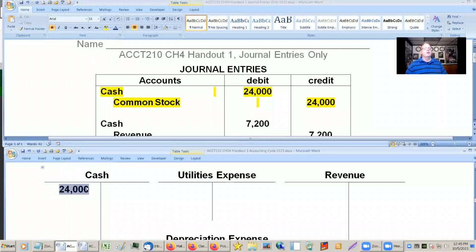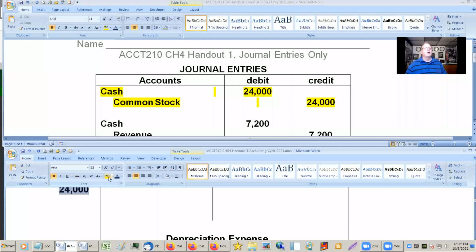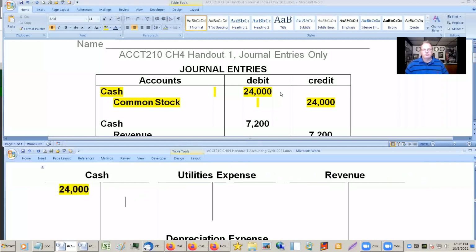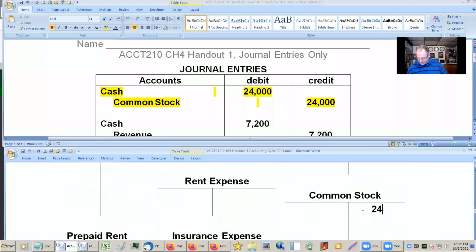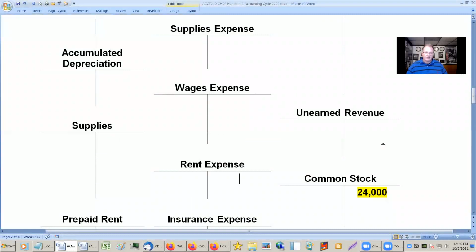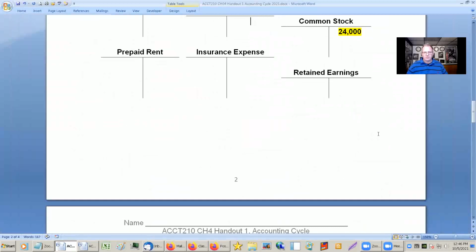Oops, I'm in the wrong one. Okay. And then we also had common stock. I'll make this bigger in a second so we can see it. So this is that first journal entry posted.